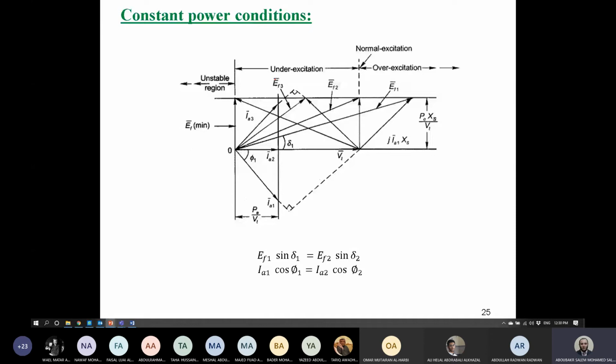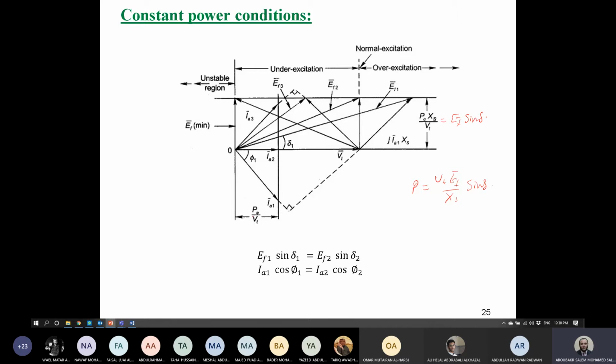And this value here, P multiplied by X over V, and if you get the relation of power, we said power equals V terminal EF over XS sine delta. So P multiplied by X over V is nothing but EF sine delta. So this is the constant value of EF sine delta. تمام?